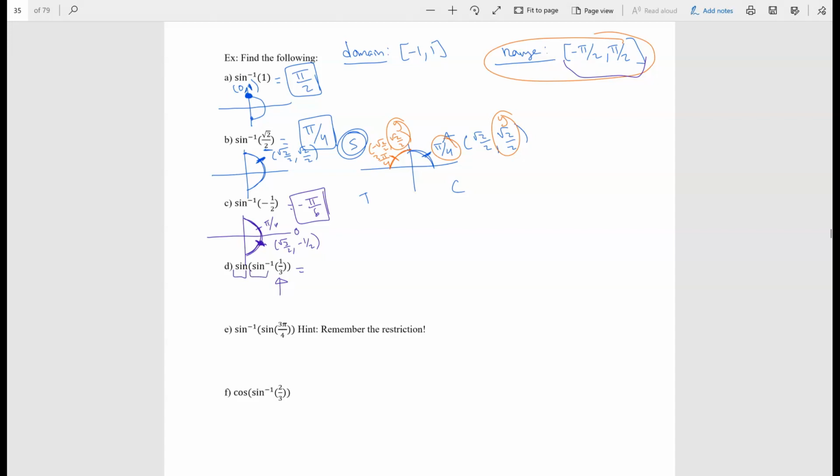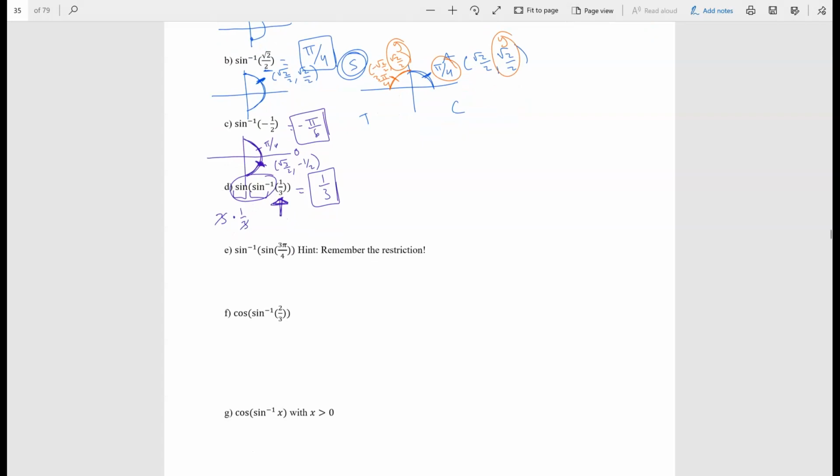If I take the sine of sine inverse, all I'm going to be left with is 1/3. Basically, think about these as canceling each other out. It's kind of like if you have 3 and then multiply it by 1/3. Those cancel each other out. So all I'm going to be left with here is 1/3. That is going to be my solution.